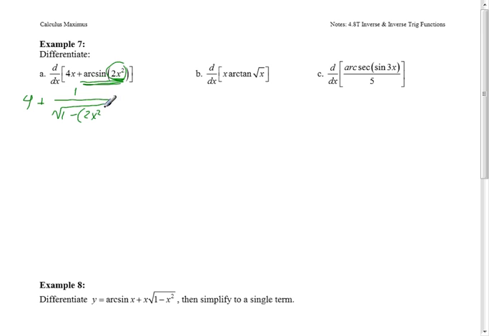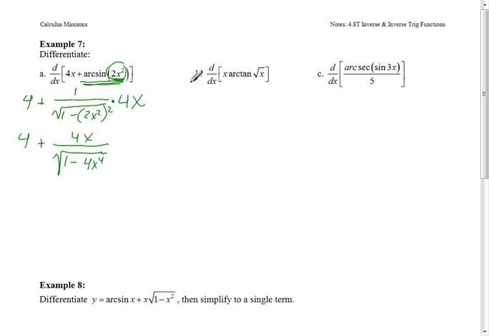Think of it as one blob there, times the derivative of our inside function, which was 4x. Let's rewrite it so it looks nicer: 4x over, simplifying the inside part, 1 minus 4x to the 4th.